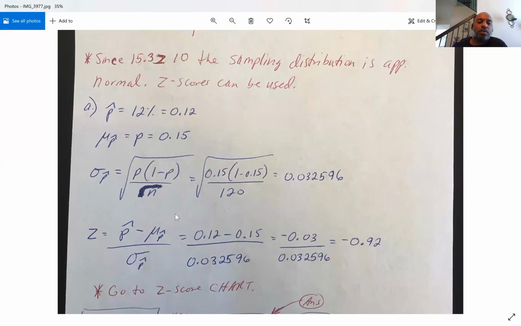All right, then for the z-score, the way we'll set it up is P hat minus the mean of P hat, over the standard deviation of P hat. That's 0.12 minus 0.15 over 0.032596, and that will give us negative 0.92 as a z-score.